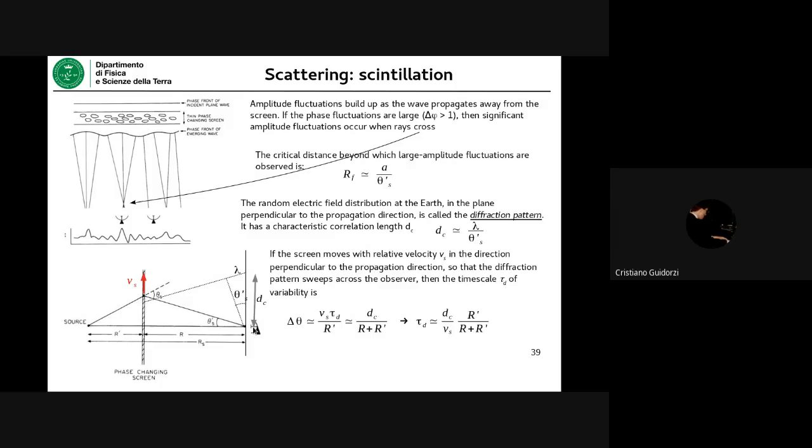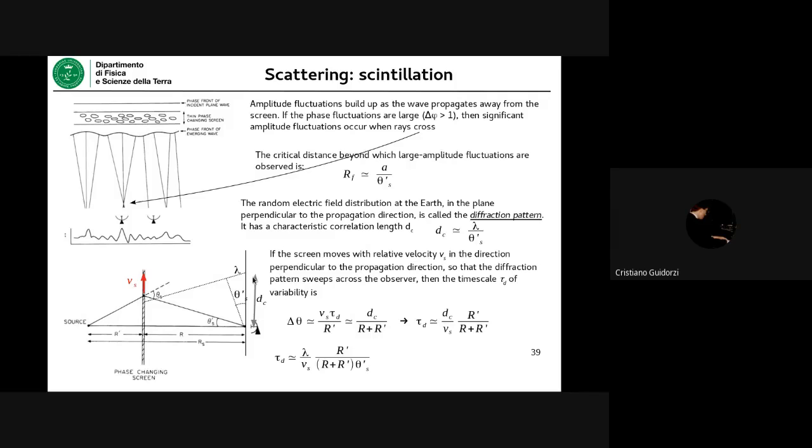That's why we call it the variability time scale. And you see, it depends on the velocity of the medium. Of course, the faster this moves, the correspondingly shorter the time interval in which the fluctuation will be observed here. So it also makes sense from a qualitative point of view.